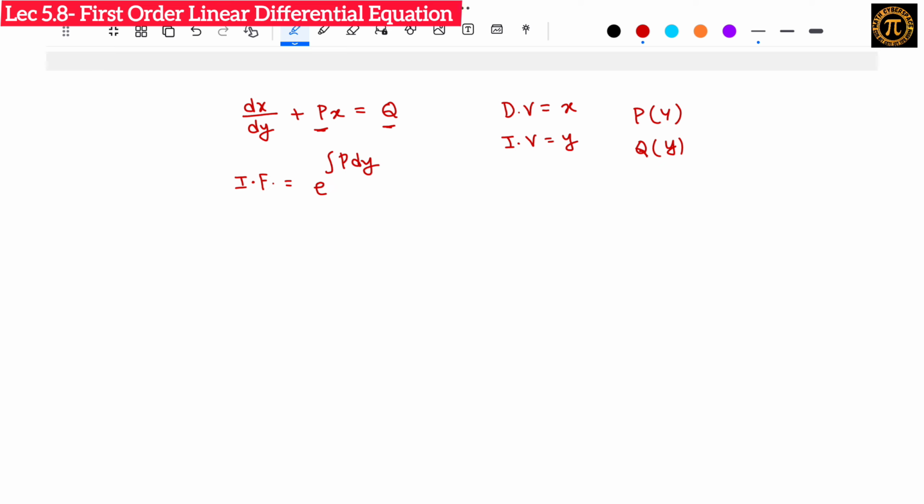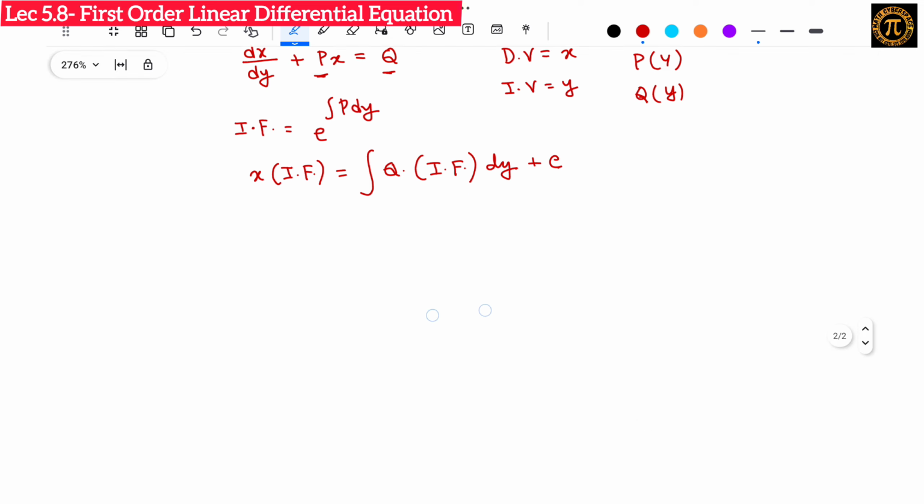And what will be the solution? Same formula: dependent variable into integrating factor. Here the dependent variable is x, so x into integrating factor equals integration of the right hand side into integrating factor, and since q is a function of y, integration with respect to y, plus c.